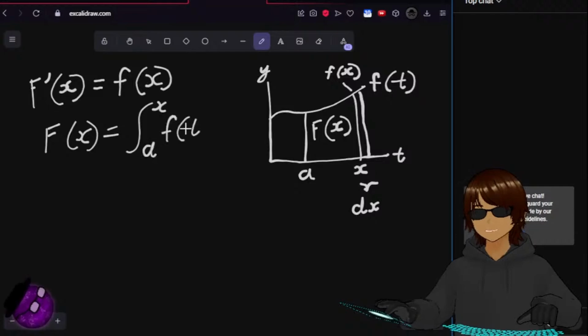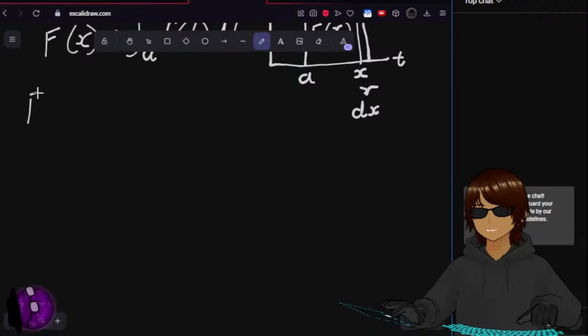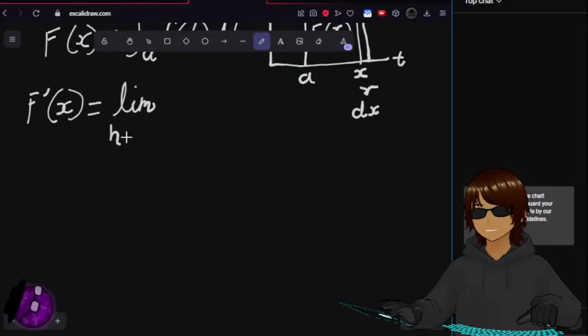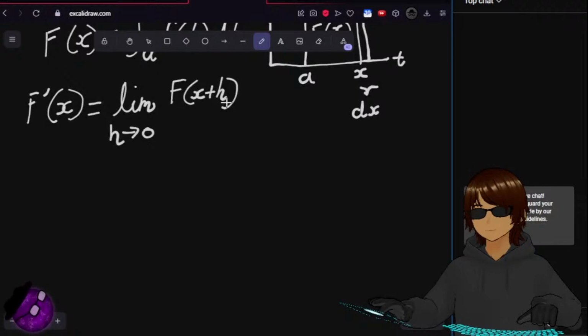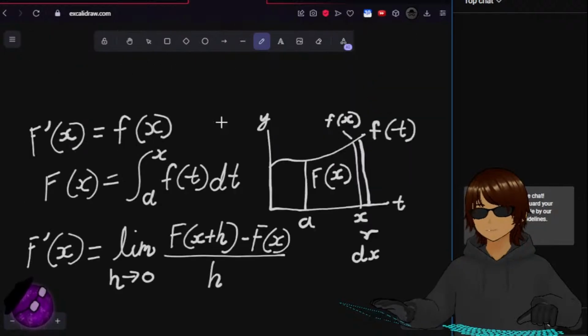So first of all, the definition of this is the integral of f of t dt, so the derivative of this is equal to the limit, by the definition of the derivative, of the area at x plus h minus F of x over h.